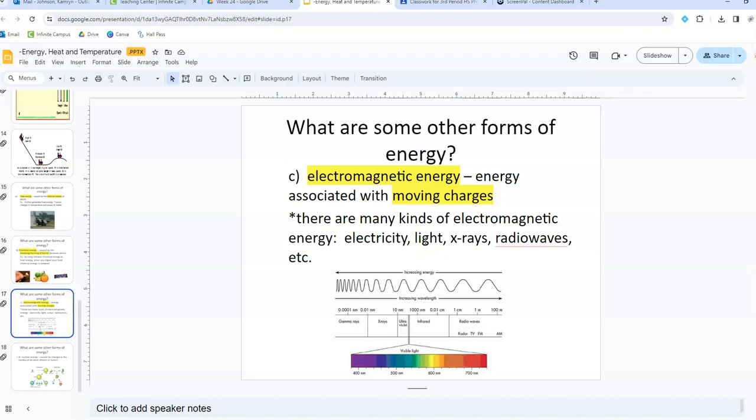In the 8th grade class, we go into every specific energy form, talking about light and electricity and everything. But we're going to put it all in one big group and call it electromagnetic energy for this class. But it takes into account electricity, light, x-rays, radio waves, basically anything on the wavelength chart.